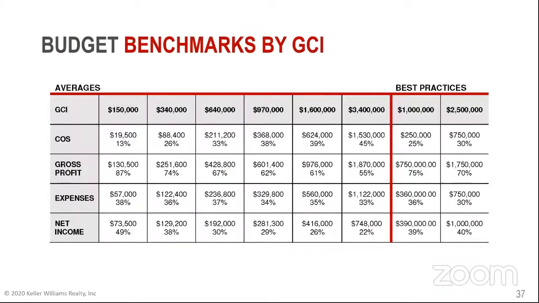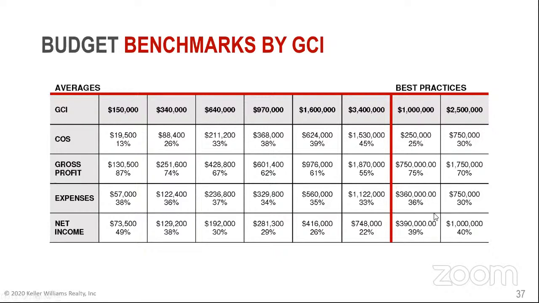Now, when we look at different benchmarks versus different price points or levels of production, this is going to show what your average agents are looking at. Remember, if you go over to the far right, we're seeing what an agent that's netting $1 million looks like at $2.5 million in GCI, versus the agent that is only earning $1 million in GCI.